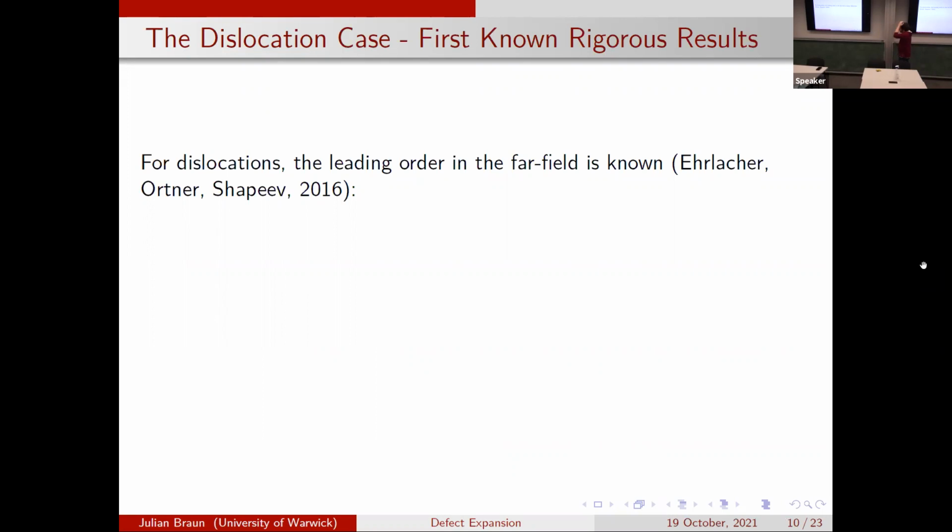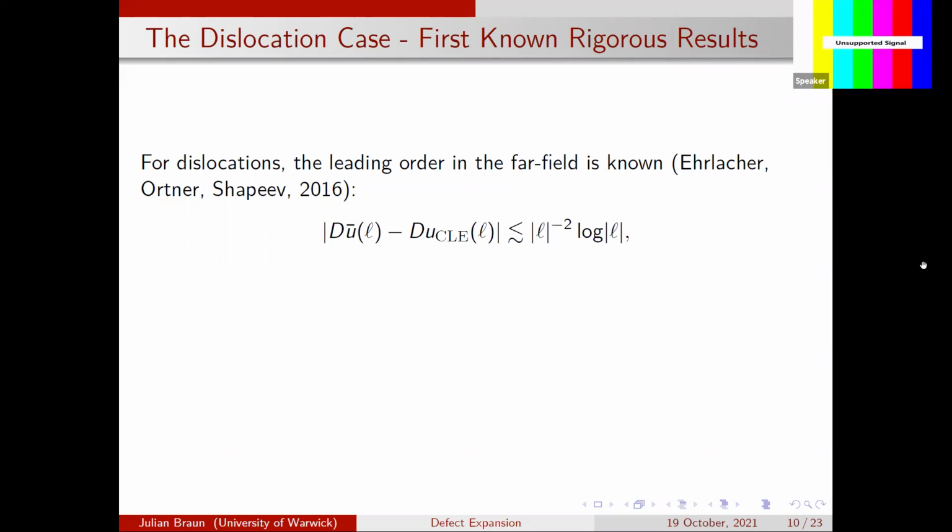What's already been known for a few years, well, known to physicists for much longer, but as an actual mathematically precise result only for a few years, is what the highest order is for dislocations. From a physicist's point of view this is kind of classical, but we have mathematically rigorous results for that. For a dislocation, the highest order in the far field for the solution is given by continuum linear elasticity, CLE.